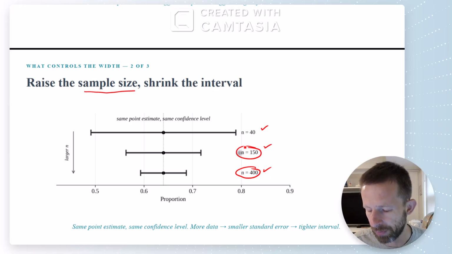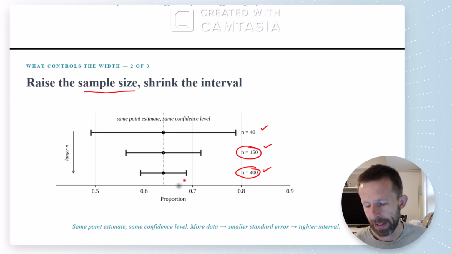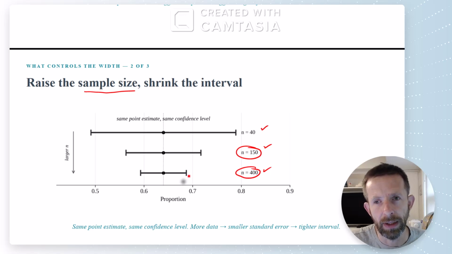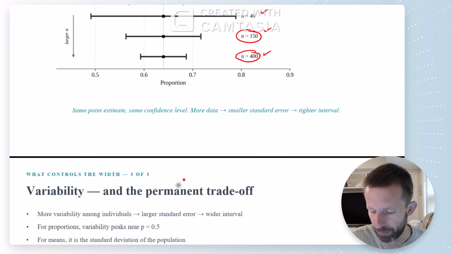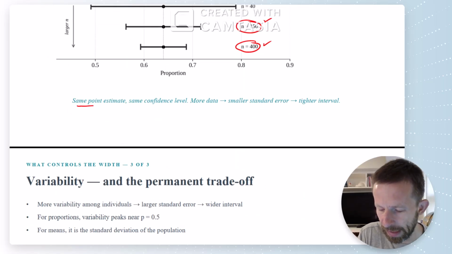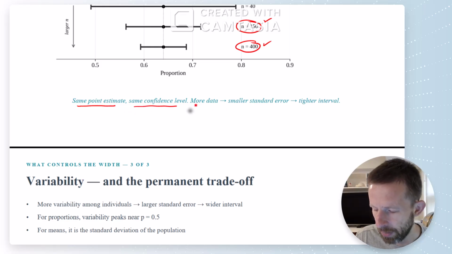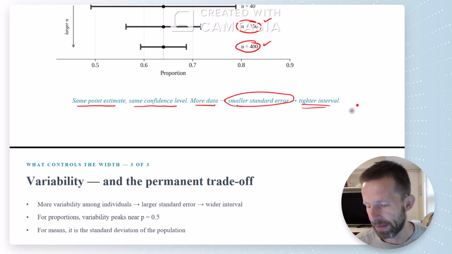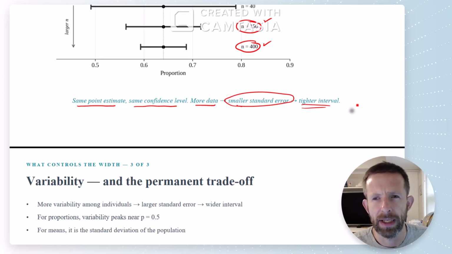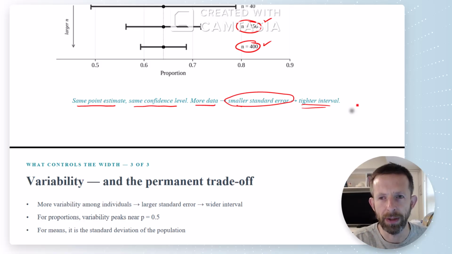So bigger samples mean that I can shrink my interval and still be pretty confident in my interval containing the population parameter. So same point estimate, same confidence level. More data means smaller standard error, which means I can have a tighter interval. Again, it kind of intuitively should make sense that the more data I have, the more close I can pinpoint the correct number, and I don't have to go as far to the left and as far to the right.